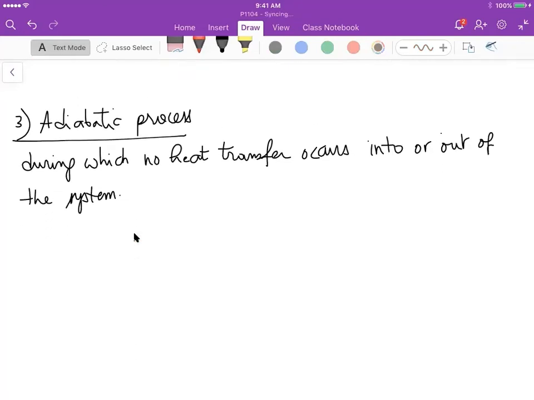Now we are going to deal with an adiabatic process. So an adiabatic process is defined as the one in which no heat transfer occurs into or out of the system. So there is no heat transfer at all between the system and its surrounding.